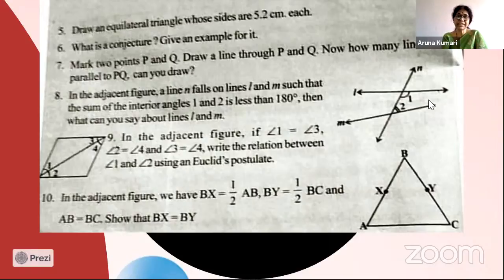The given 6 axioms and postulates you have to remember. You may be questioned like this: what is the 5th postulate of Euclid? What is the 3rd axiom of Euclid? Like that. They are nothing but statements given by Euclid.